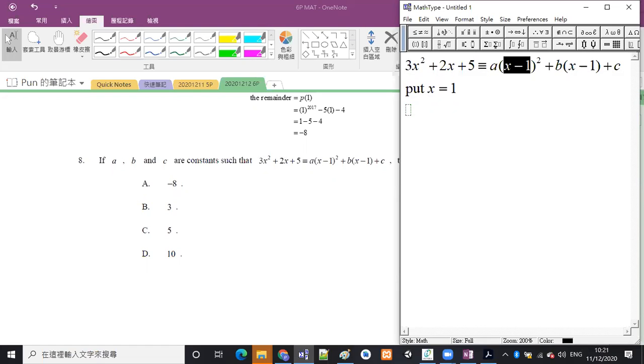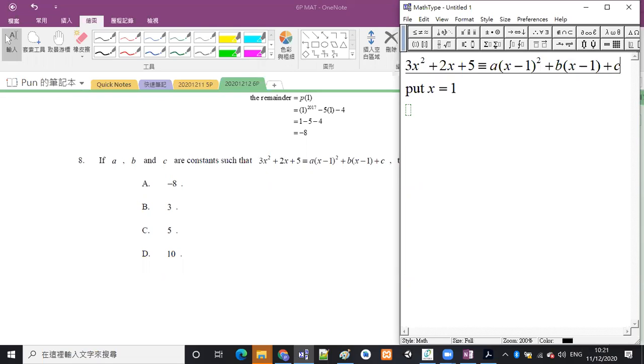And this bracket is multiplied to the A. When it becomes 0, then A will disappear. And this bracket is also, when x is equal to 1, this bracket becomes 0. And this bracket is multiplied to B. And then this will make B disappear.